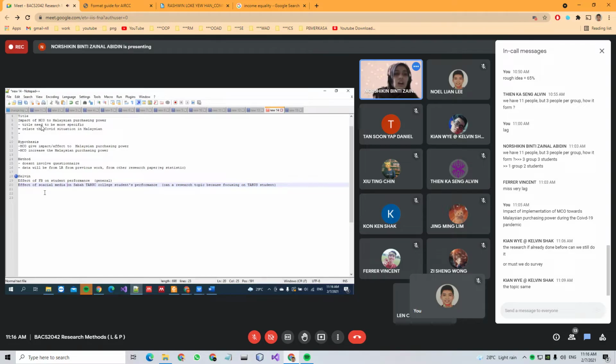Kelvin, for this research, it's quite different from Noel's, because from the title or the area of their research, they can get the data from the literature review.